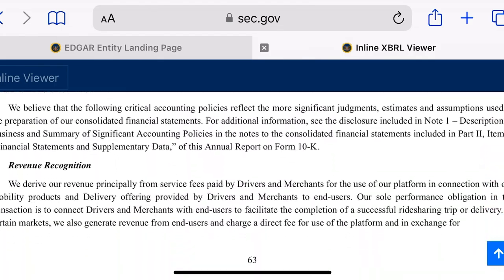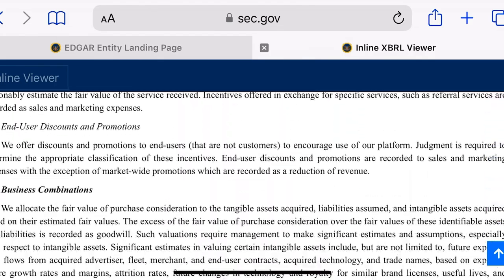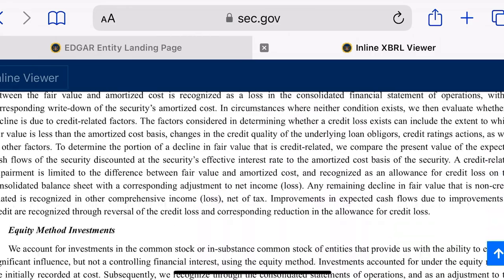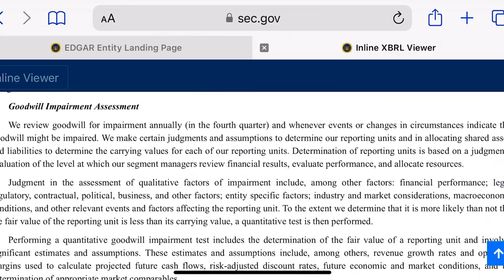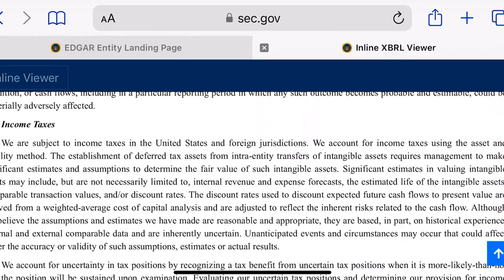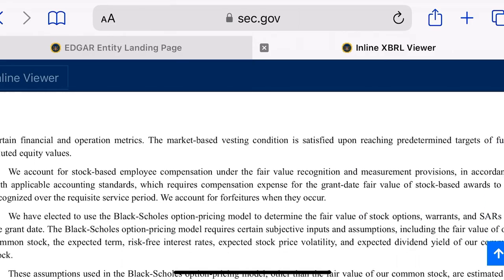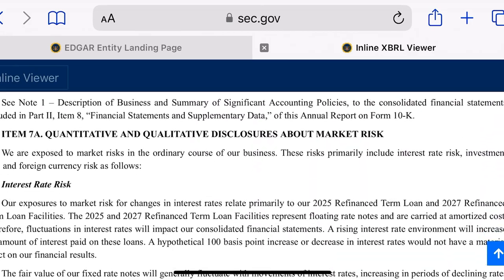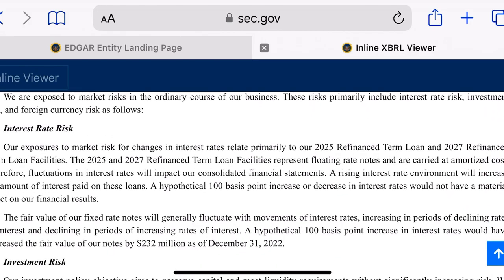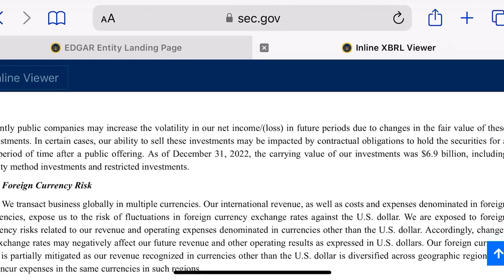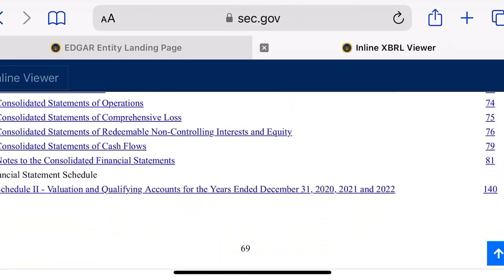Critical accounting estimates. So a lot of times there's certain aspects that require the company to make judgments, especially when they're valuing like goodwill or intangible assets. And then again, some interest rate risk, investment risk, Forex risk.